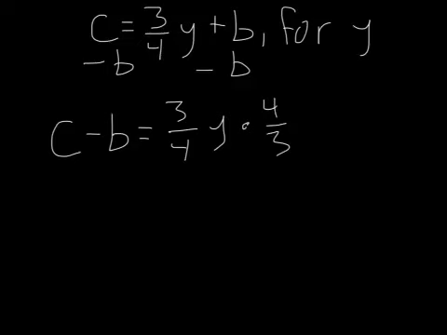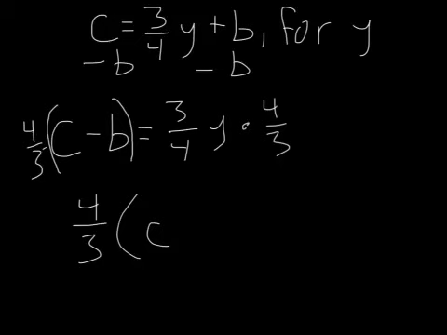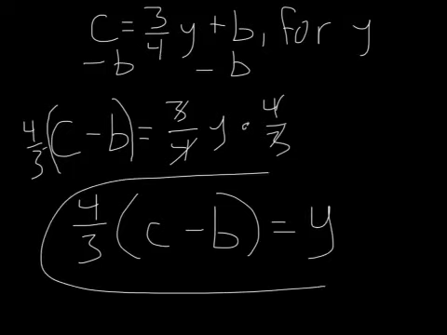Now when I multiply this side by 4/3, I have to do this whole side all together. I can't just put it in front of the c. I have to multiply the whole side. So I gave myself these parentheses, and I'm going to say times 4/3 to this side. This is going to give me 4/3 times (c minus b), and that's going to be equal to, these 4's are going to cancel, these 3's are going to cancel, and that's going to be what my y equals.